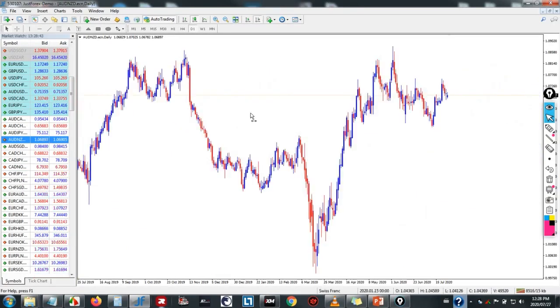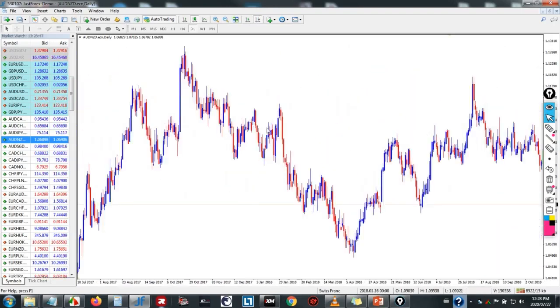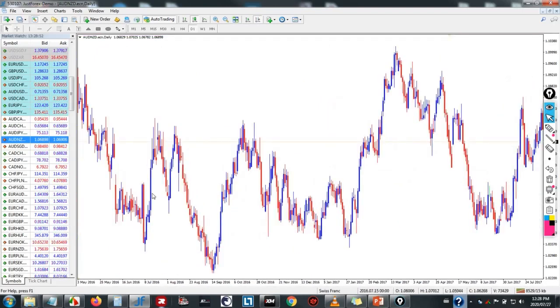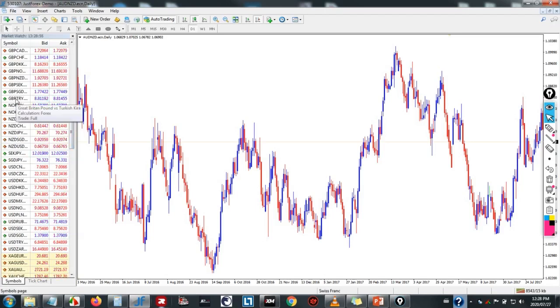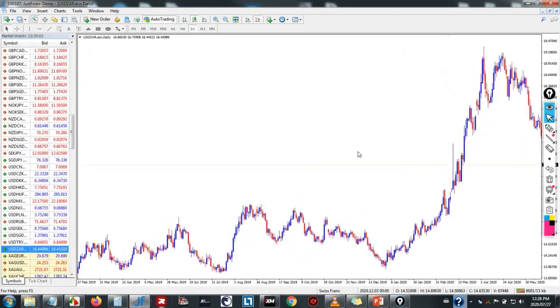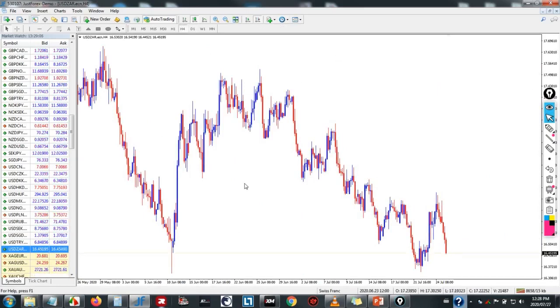Maybe we'll find one quickly on the daily time frame. I can't see anything. Let's go to the GBP pairs or use ZAR, our own South African currency, and look at the 4 hour.